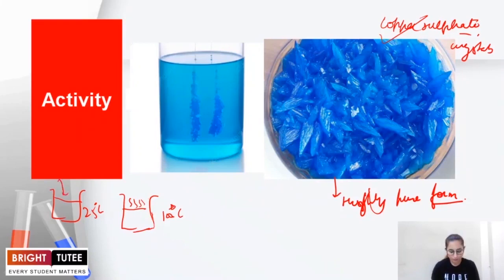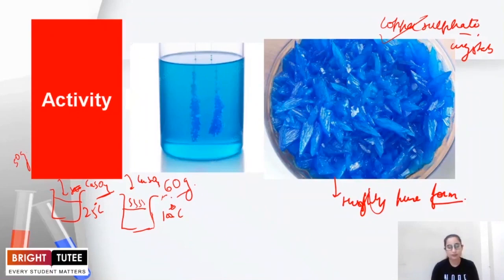Now you add sugar to it, or you can say copper sulfate only. You are adding copper sulfate to both of them, right? You will notice that the first solution is able to dissolve 50 grams, while the second solution, which has boiling water in it, is able to dissolve 60 grams of copper sulfate.